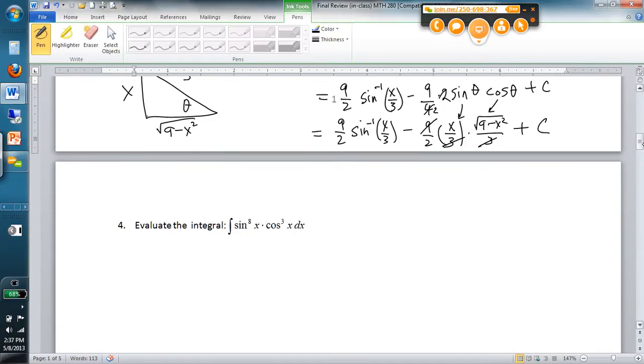All right, well, we talked about when we had even powers of sine and cosine. Now, on number 4, we have an even power of sine and an odd power of cosine. Having that odd power is nice because you don't have to use the double angle here. Remember what we do if we have an odd powered sine or cosine?